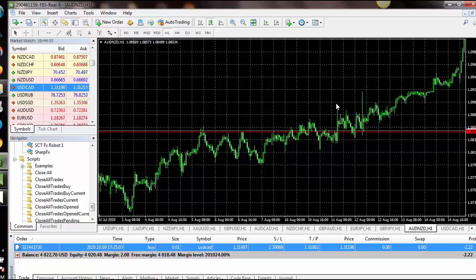As it breaks it, what used to be a resistance before is now a support here. This is now a support. The market now starts coming down, and when it gets there, it goes up. Coming down again, it gets there, it goes up. So a resistance can turn to be a support, while a support also can become a resistance.